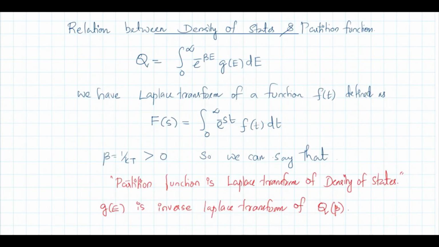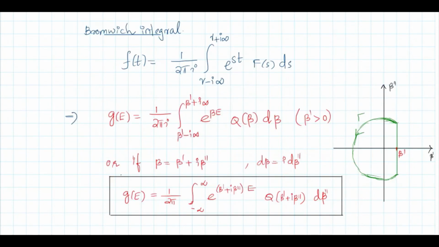So instead of e raised to minus st as in the Laplace transform, here we have e raised to st. Here gamma is the real part of s. Assuming that s is complex, it is some gamma plus i beta. Then gamma is the real part of that s. This is the equation from the Bromwich integral, and for more details you can refer to Arfken, Mathematical Methods for Physicists.